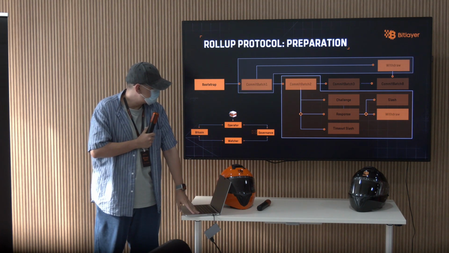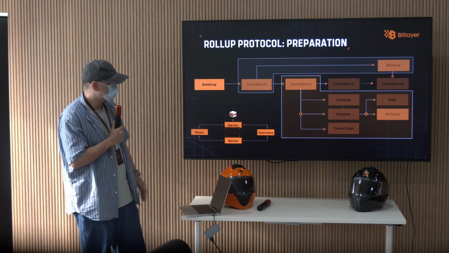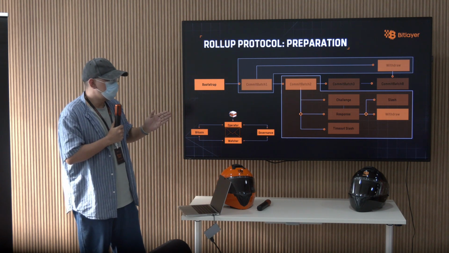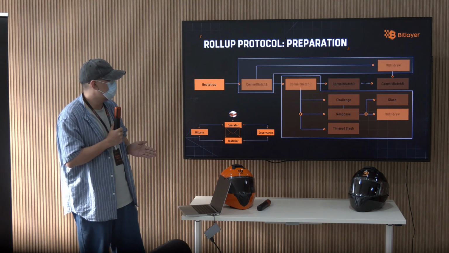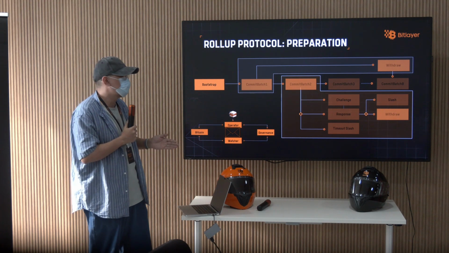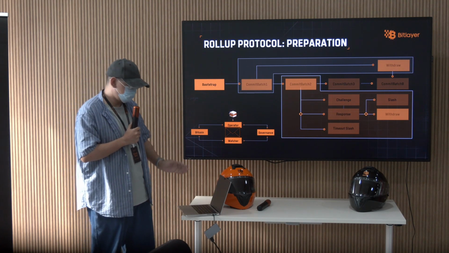These transactions will be broadcast to both the operator and the watcher, so that the watcher will know what the next commit batch transaction ID is, and then he will subscribe to the transaction to make sure that the operator is working properly.